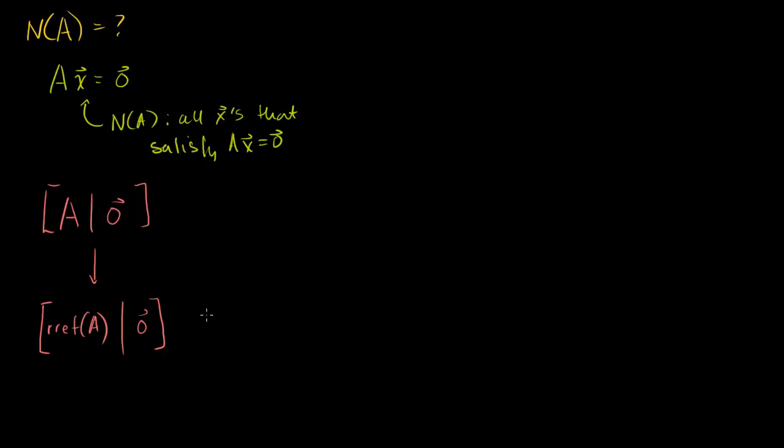Your solution set is going to be equal to some scalar multiple, let's say your free variables are going to be the scalar multiples, times vector 1, plus some other scalar times vector 2, all the way to, whatever, c times your nth vector. I'm just trying to be general. We haven't seen any examples that had more than 2 or 3 vectors here. But your null space is spanned by these vectors right there.